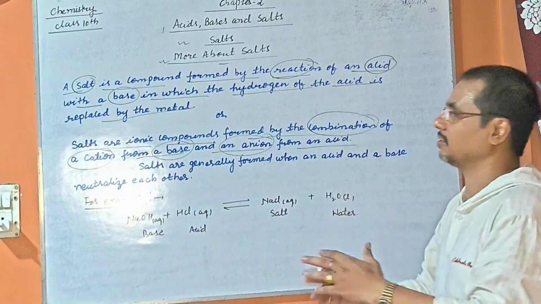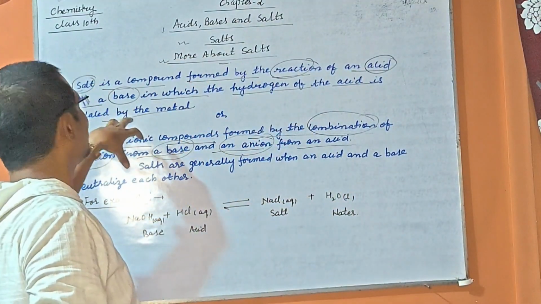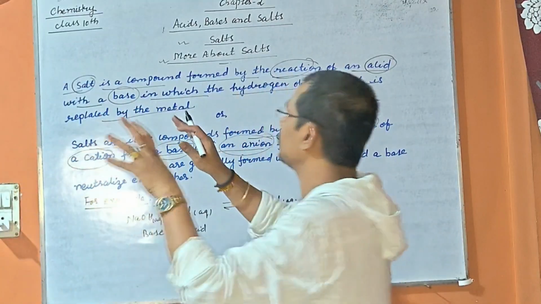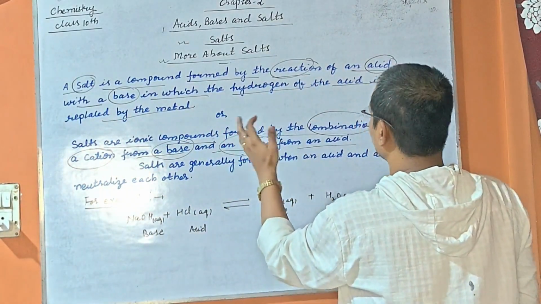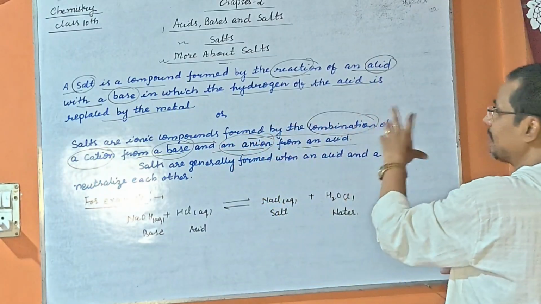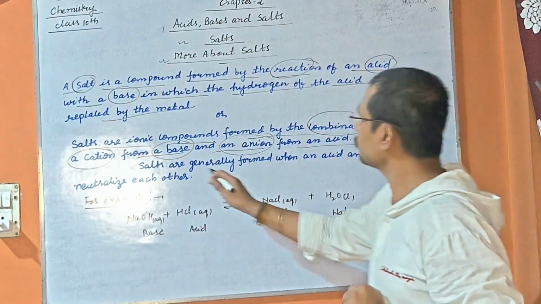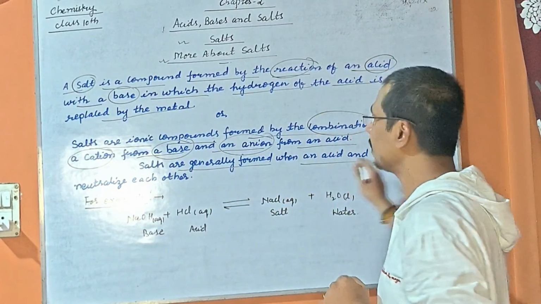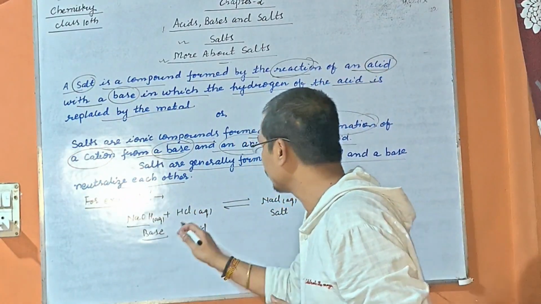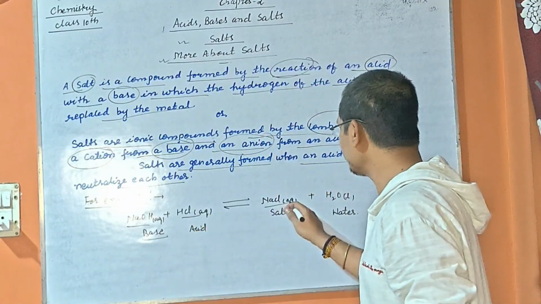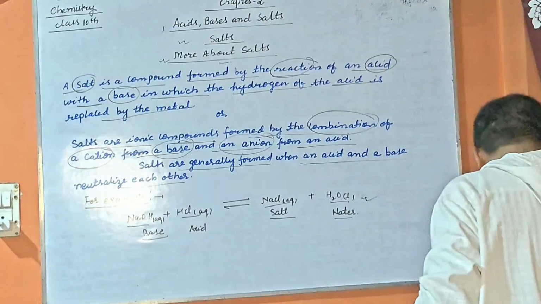Salts are generally formed when an acid and a base neutralize each other. For example, NaOH and HCl give NaCl, a salt, and H2O, water. So this is all about the definition of salt.